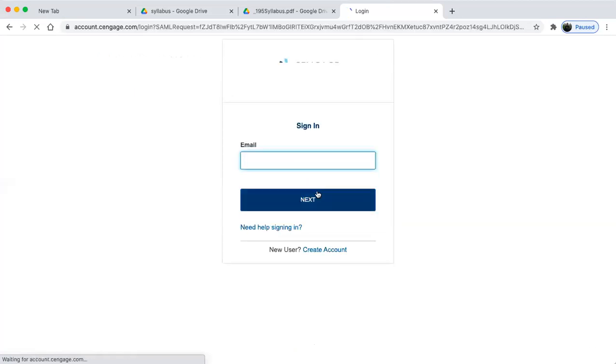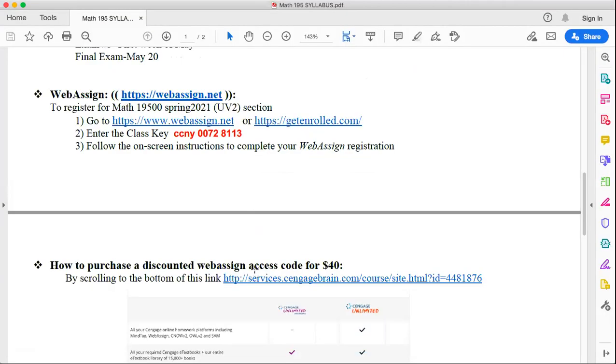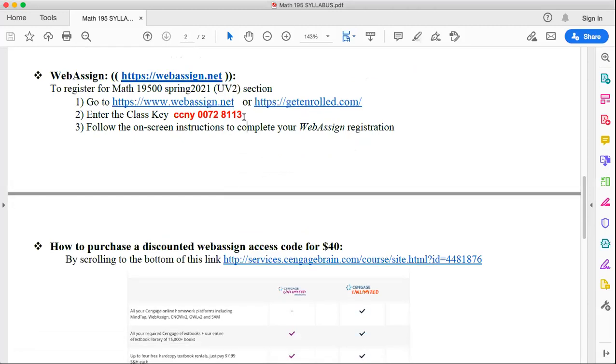After you click there, because you have to create an account first, they will give you a bar like this one, and they will ask for the code of the class you want to register in. You take this code.